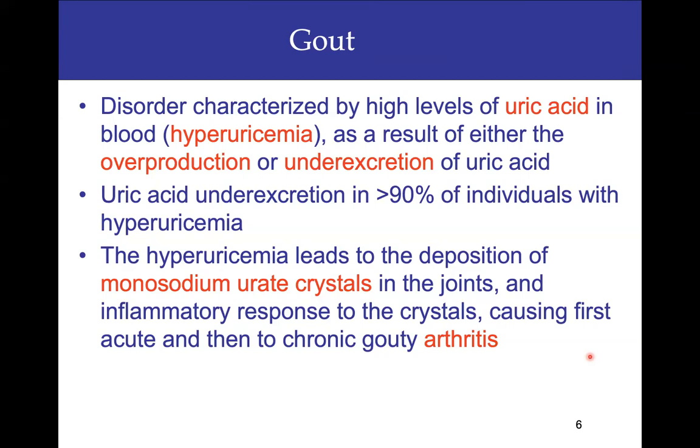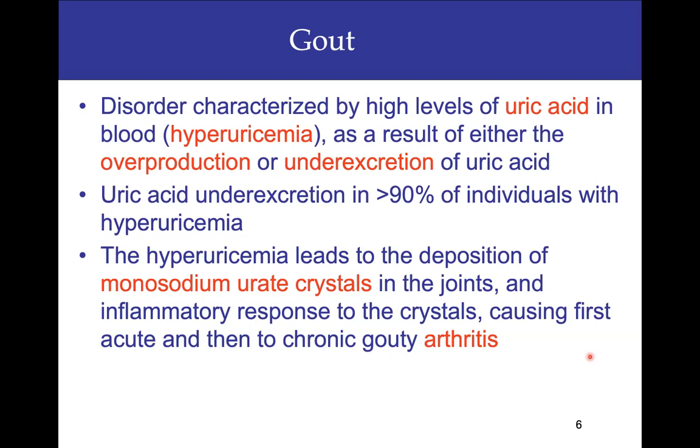Naturally, the body is going to respond to it. This inflammatory response is known as gout, or gouty arthritis in some cases. It's severe inflammation and pain, very painful, quite severe. It's caused by the deposition of these uric acid crystals and the body's reaction to those.